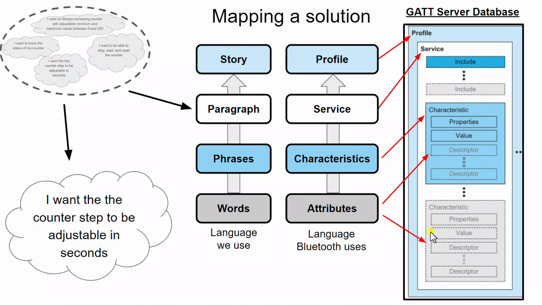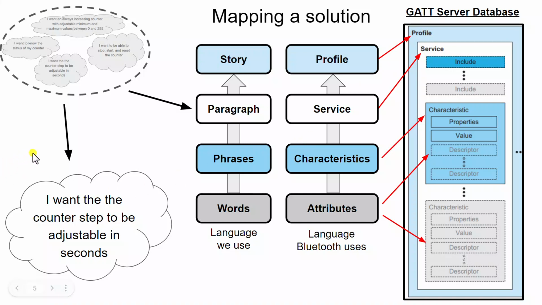But you can see in the database, on the Bluetooth device, that the characteristics are going to be made up of attributes. These are this thing called a descriptor, and the values and properties, which are all separate attribute words. And then multiple of these characteristics are combined to form a service, and then these services can be combined in the profile.